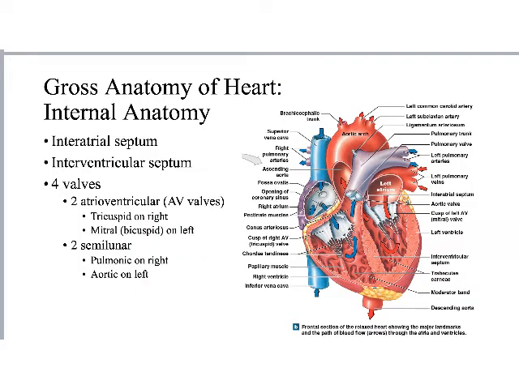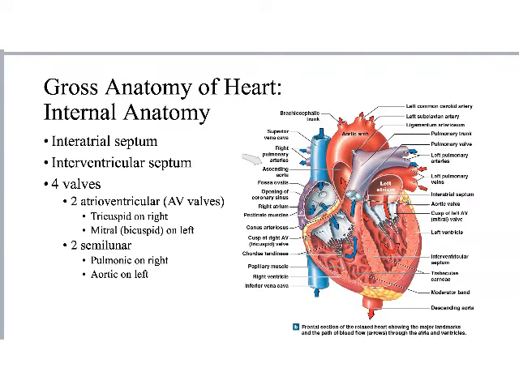All right, so separating the right and left side of the heart are two what we call septums. There's a septum in between the two atria, so we call that the interatrial septum. And then we have a septum in between the two ventricles separating right and left ventricle, and we call that the interventricular septum.